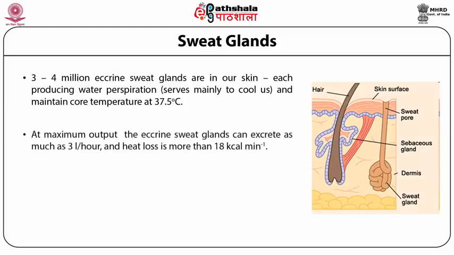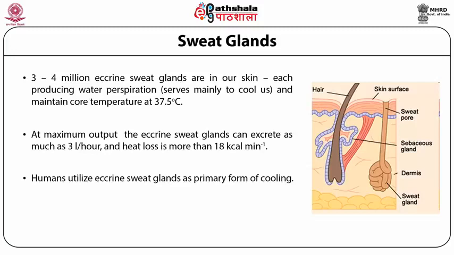At maximum, the output of the eccrine sweat glands can be as much as 3 liters per hour, and the heat loss is more than 18 kilocalories per minute. Humans utilize eccrine sweat glands as a primary form of cooling.